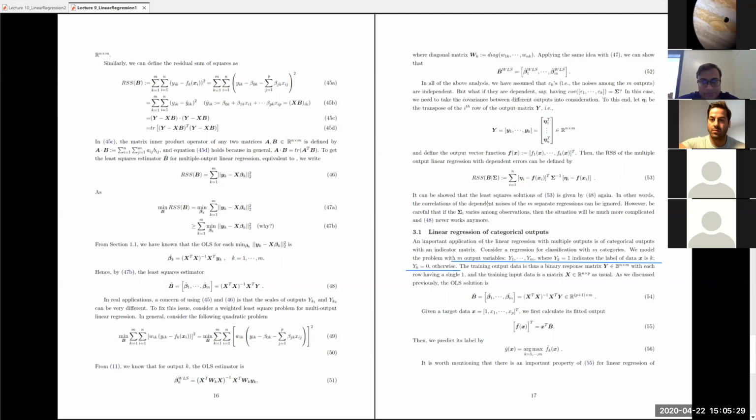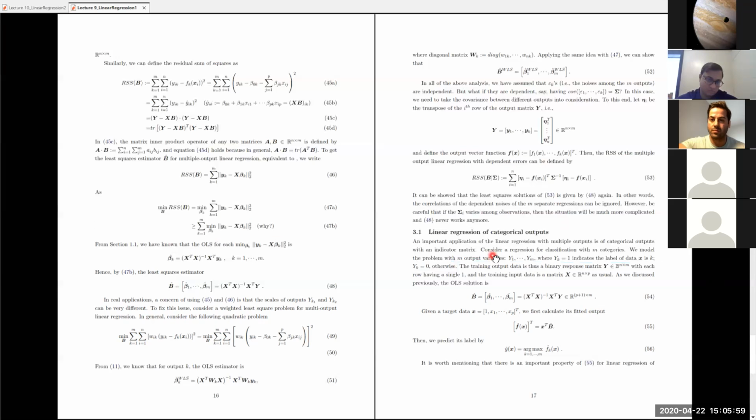Of course, the summation of y1, y2 through ym should be 1, indicating that there must be one label, the category of the data x. Using the conclusion that we got here, this still works, because categorical output is one application of these multiple outputs.